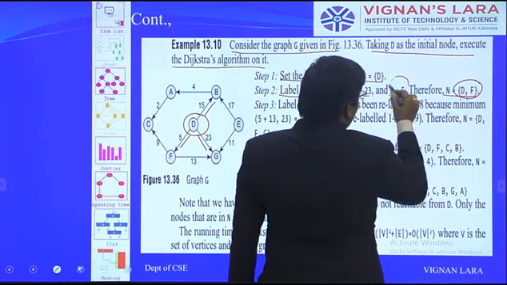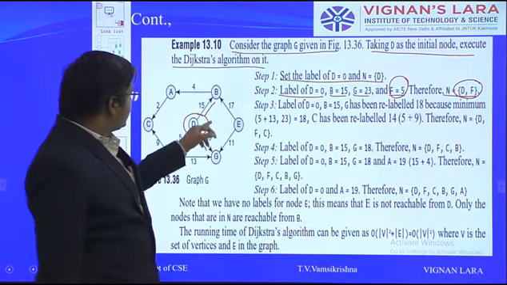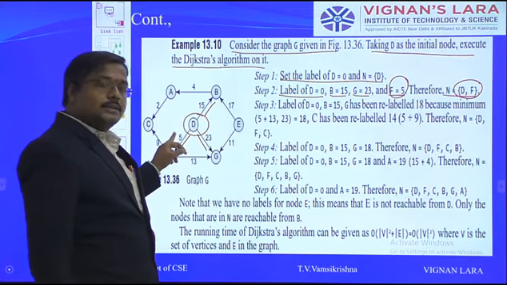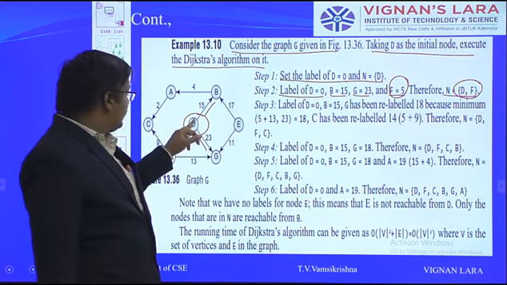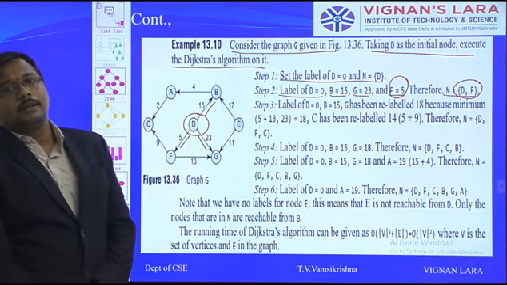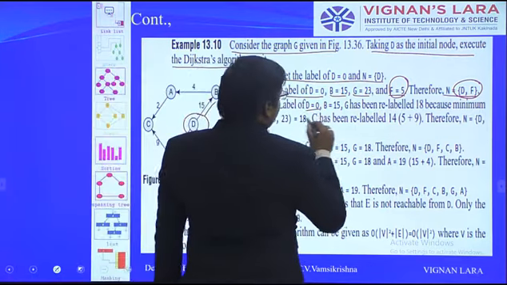Because F refers to the shortest distance. By considering these three distances, 15, 23, 5, the shortest distance is 5. That's why we are selecting the edge D comma F.